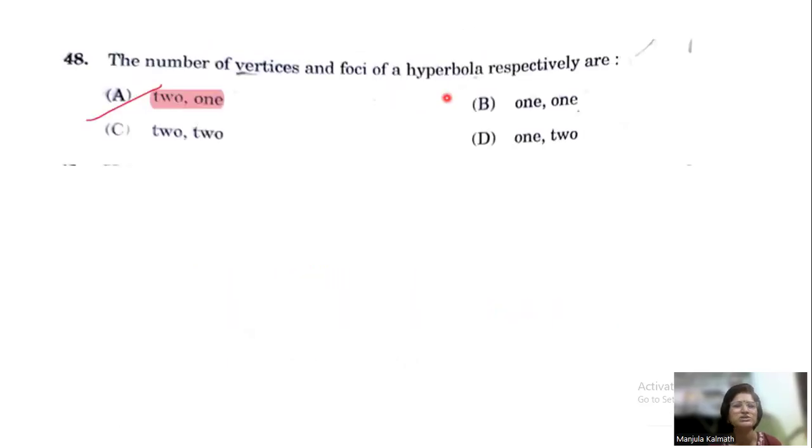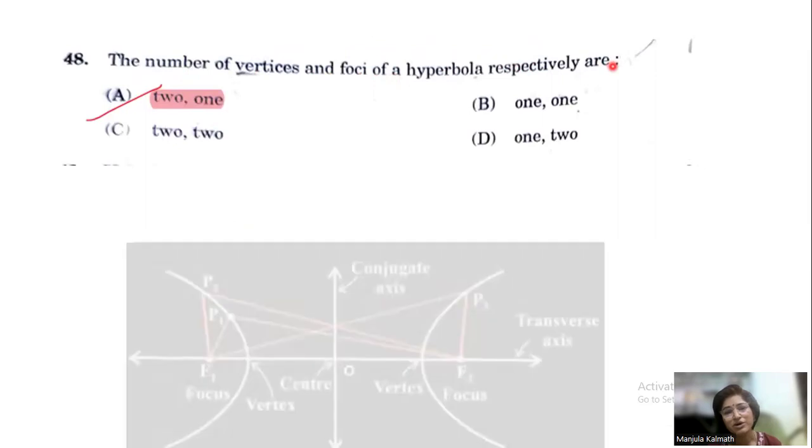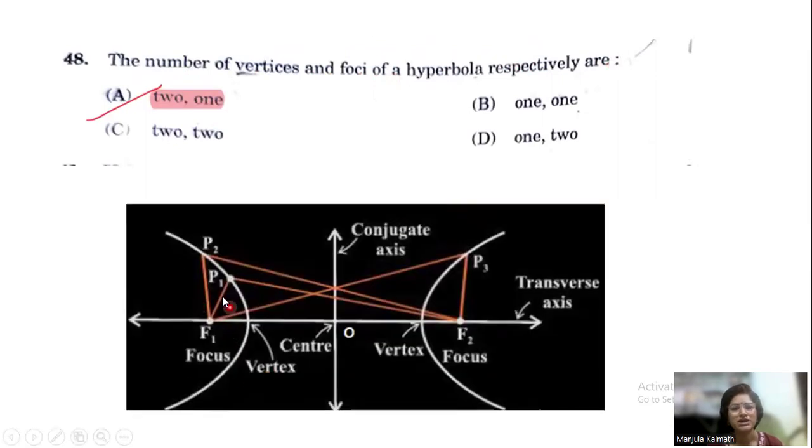The next question is: the number of vertices and foci of a hyperbola, respectively, are. So here we have a hyperbola. In this diagram, we can notice it drawn like this. In this hyperbola we have two foci, F1 and F2, and here we have intersection points, the vertices. Two foci and two vertices, and one center.